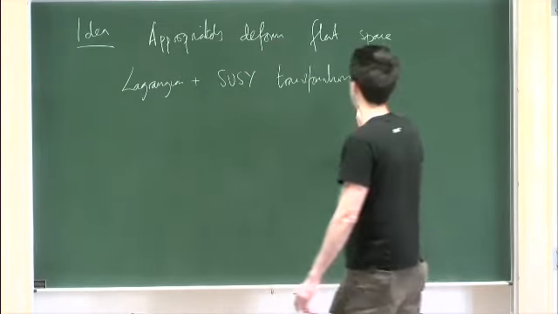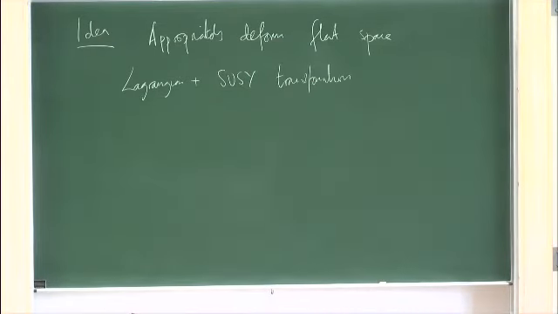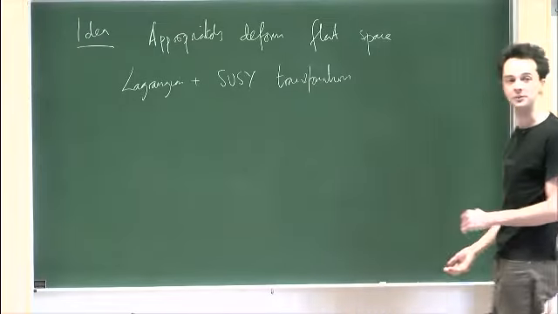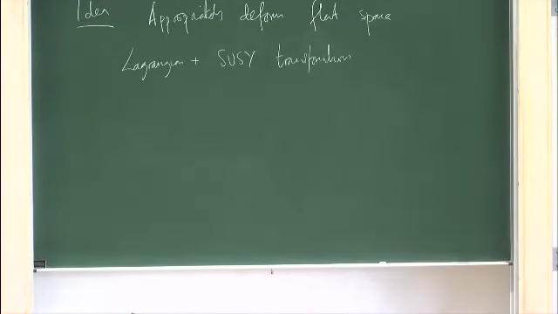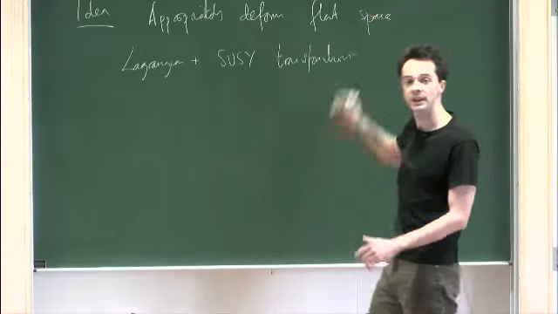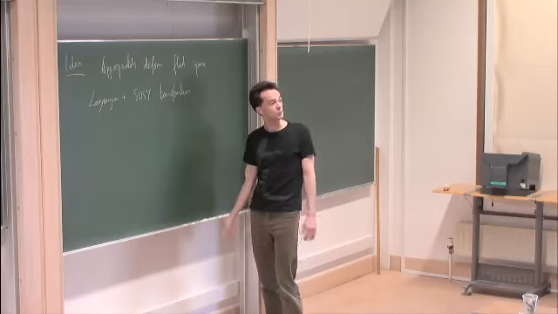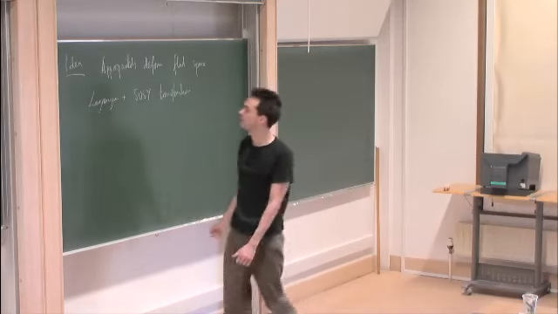Other people have talked about this for the case of the round 3-sphere, round 5-sphere, and so on, in a bit more detail. It's very similar for these cases. It's just there's an extra squashing parameter. It's a little bit more complicated.